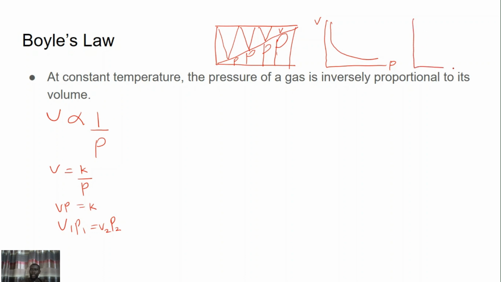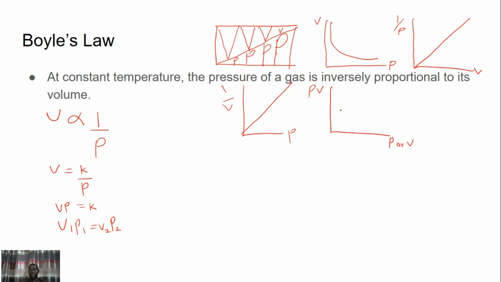But you can get a straight line if the inverse of pressure is plotted against the volume, or if the inverse of volume is plotted against the pressure. And also, if you plot the product of pressure and volume against the pressure or the volume, at every point in time it gives a straight line. It's constant.